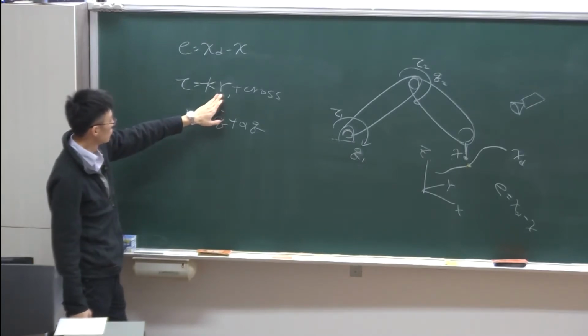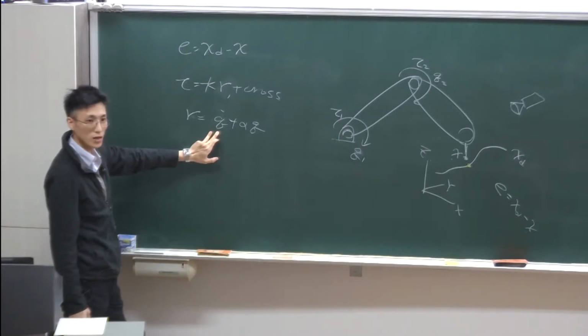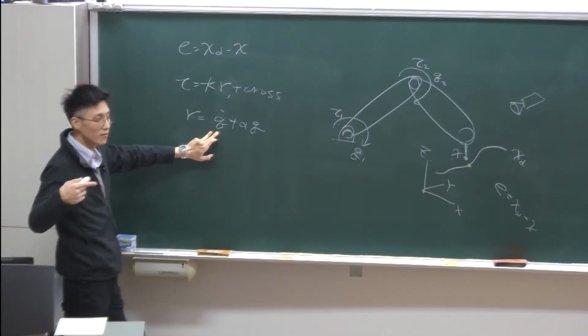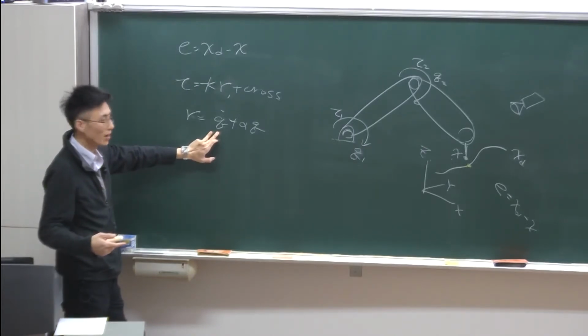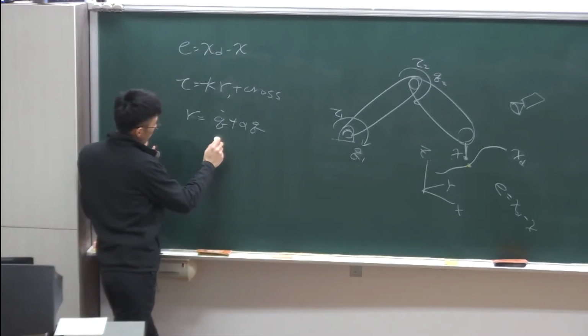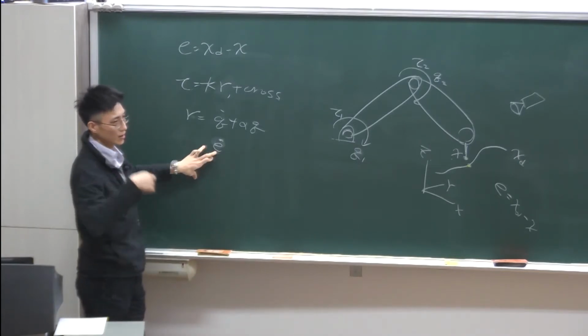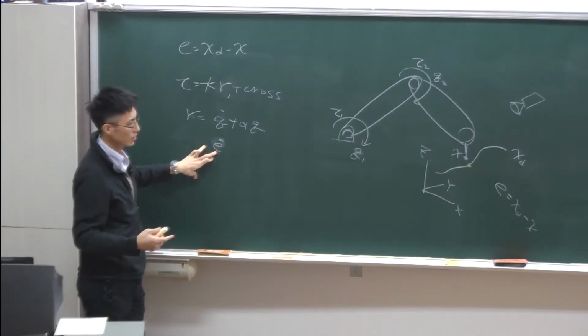This term R requires the input of q dot, the velocity terms, or maybe e dot, the velocity of the tracking error, right?